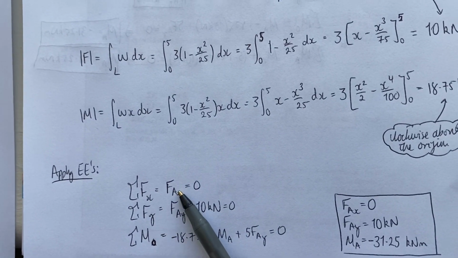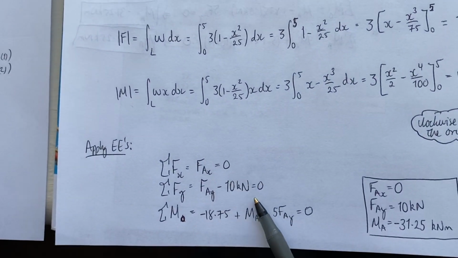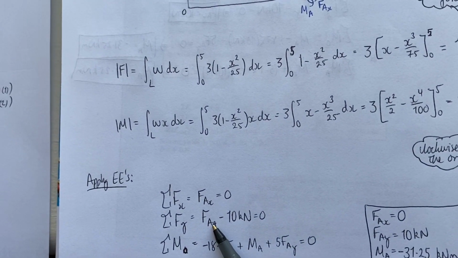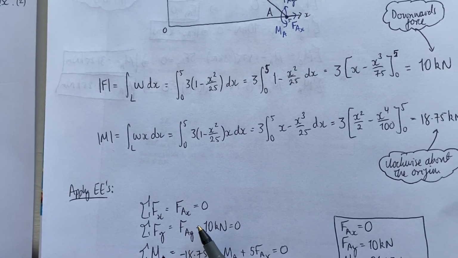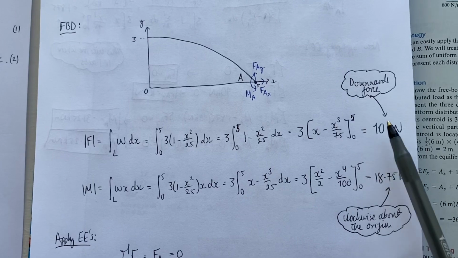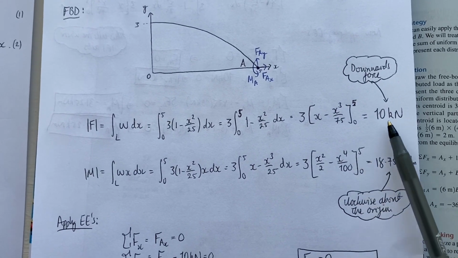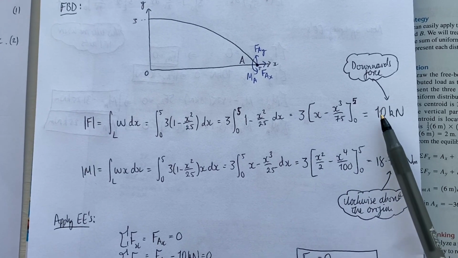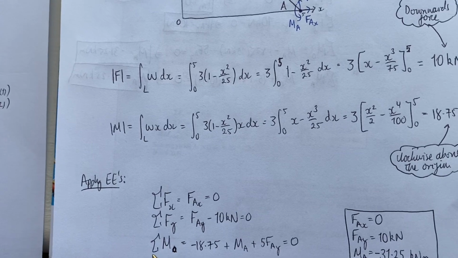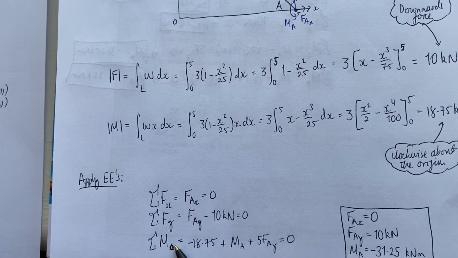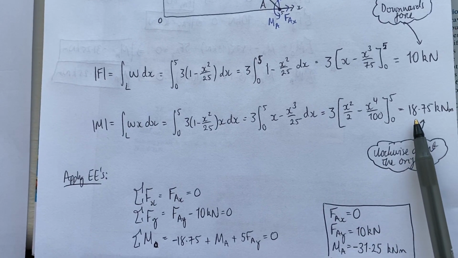In the x direction, I just have FAX, so that's equal to 0. In the y direction, I've got FAY minus this downward force due to the distributed load, right? That's what I was saying about remembering the direction of this. Then we sum the moments about the point where we evaluated the moments, to use this expression here.